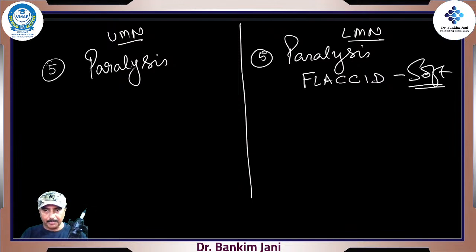While in upper motor neuron, if the hand has gone like this, it will be so tight. This is what is called spastic paralysis. There would be spasm, and it is called spastic paralysis. Clear difference, right? Spastic paralysis.